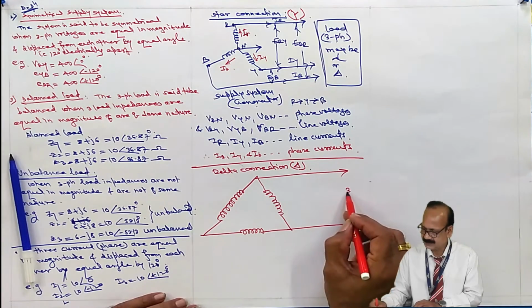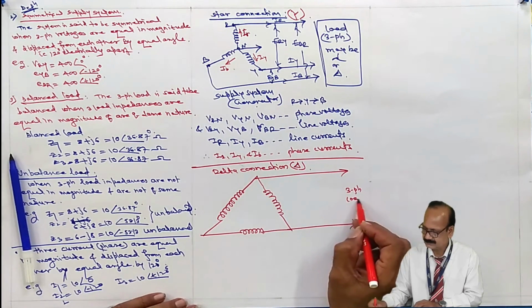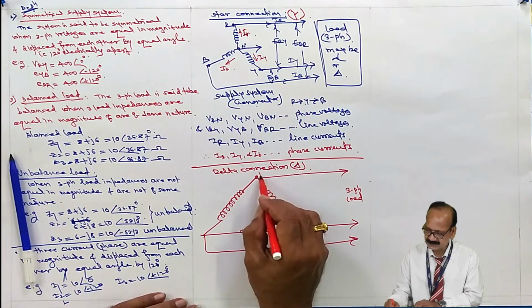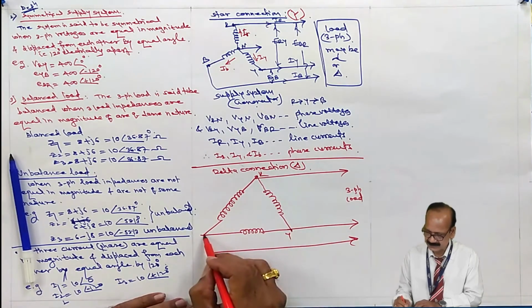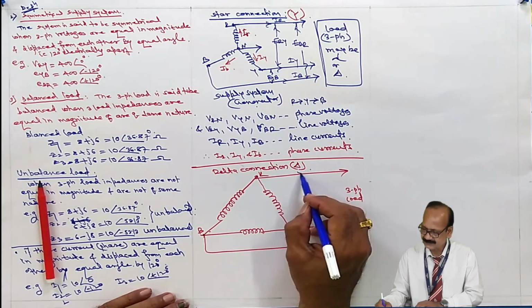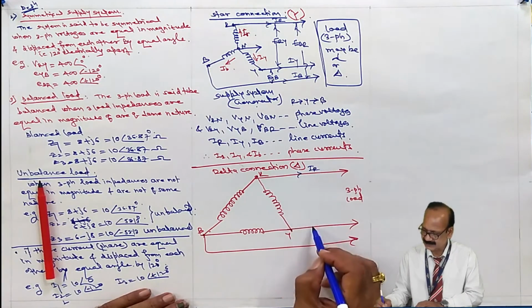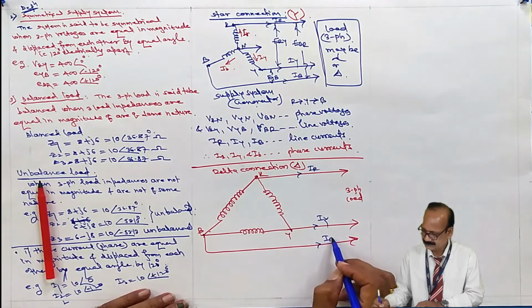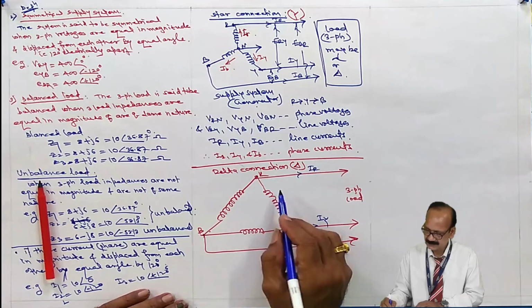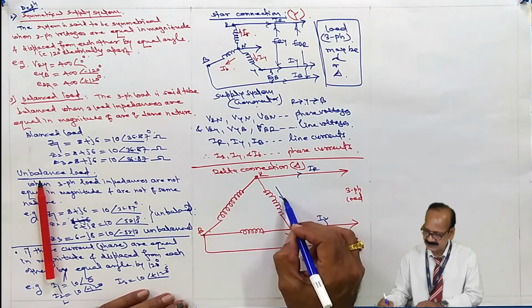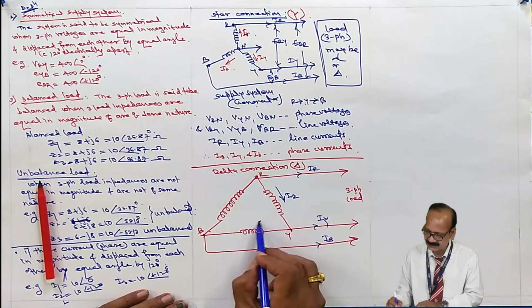This goes to the three-phase load. This is R, this is Y, and this is B. Now the current flowing through the lines is known as line current. When the load is connected, current will start flowing, and this will be small IR.